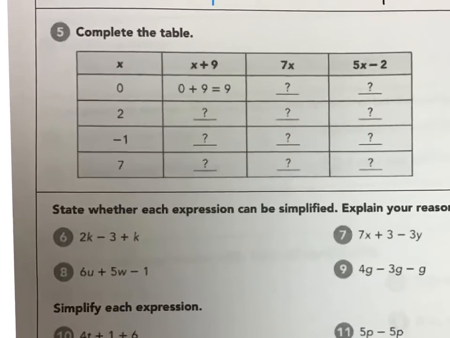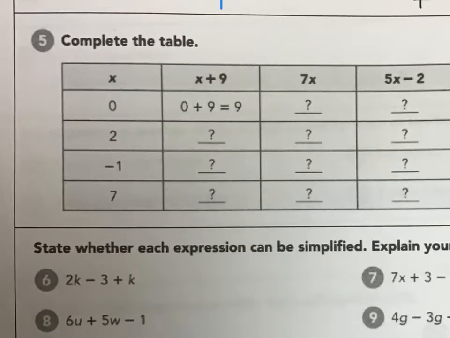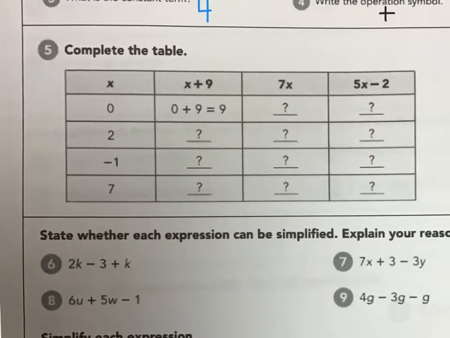Now this table, it says complete the table, and it's substituting for variables. It's telling you that these are the x's. And so x plus 9, that would be 0 plus 9 is 9. This would be 2 plus 9 is 11.